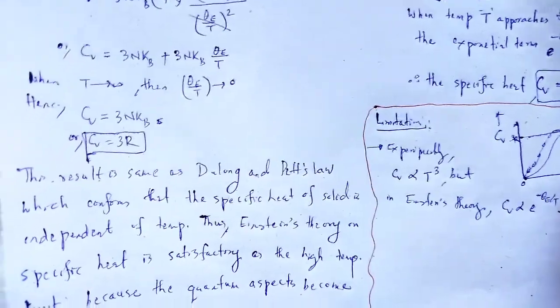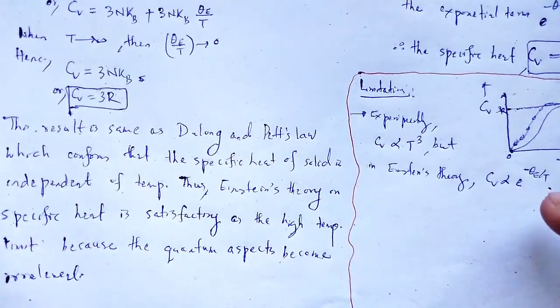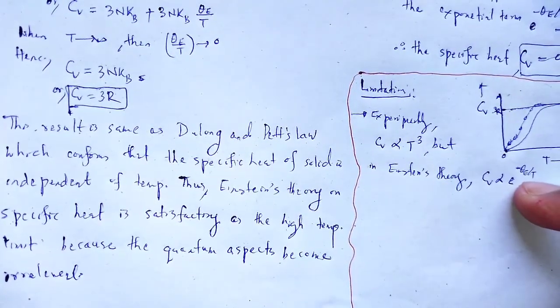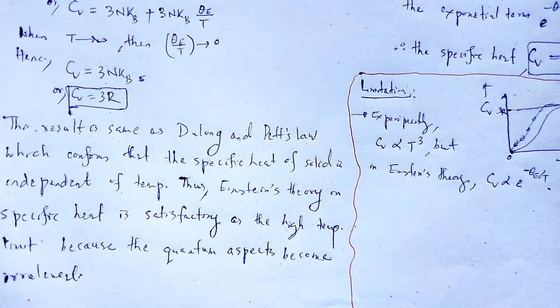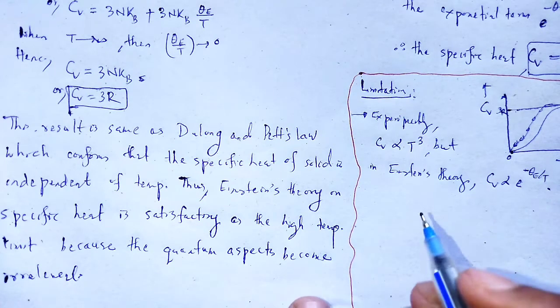This region is also simplified by using another theory, that is known as Debye model of specific heat in solids.